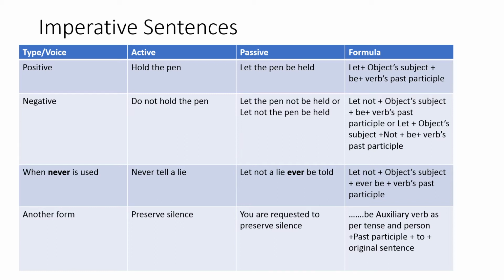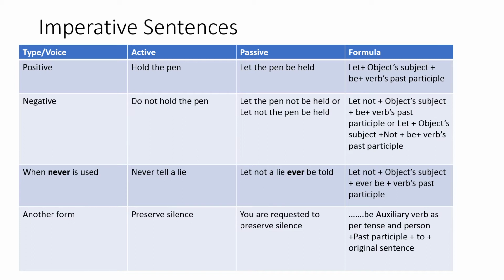I have also highlighted "ever" because when there is "never," you have to bring two words, "not" and "ever." It means "never." So you are bringing two words, "not" plus "ever." It is bringing the connotation of "never." So according to the formula, the passive form will be "Let not a lie ever be told." So here the key is the use of "ever," not "never," in the passive form.